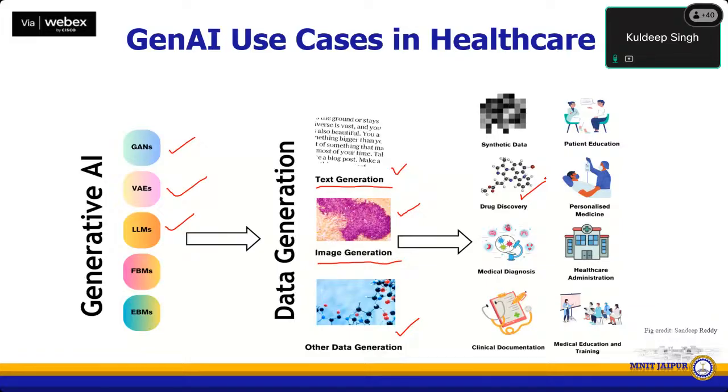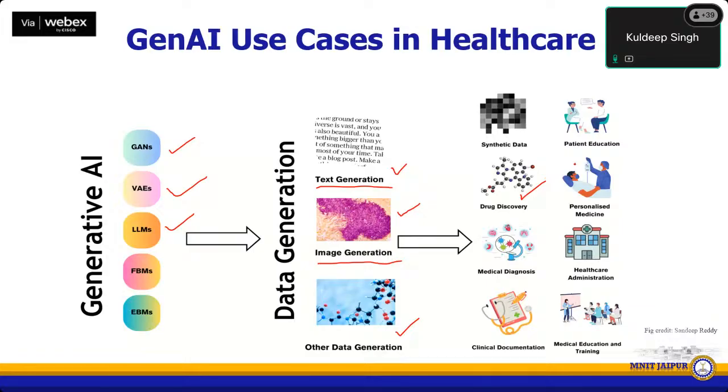Further, these generative models can be trained on a large volume of data sets of medical records, or the corresponding imagery like MRI, X-ray, or CT scans. And these models can identify different patterns related to different kinds of diseases.